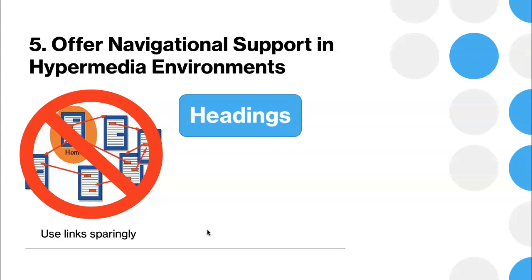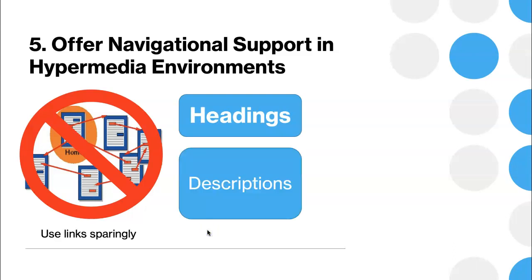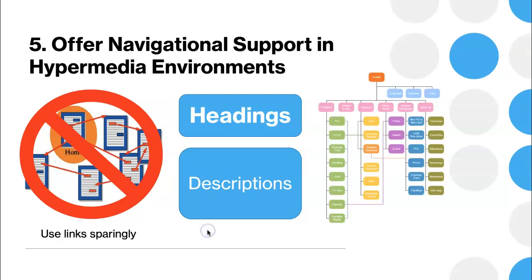Use headings and descriptions, as they help to improve memory and comprehension, just like in a traditional text document. Use course or sitemaps for resources that are lengthy and complex, and for learners who are novice to the content. If your content will apply to learners with different tasks and instructional goals, consider multiple versions of a course map adapted to the instructional goal.